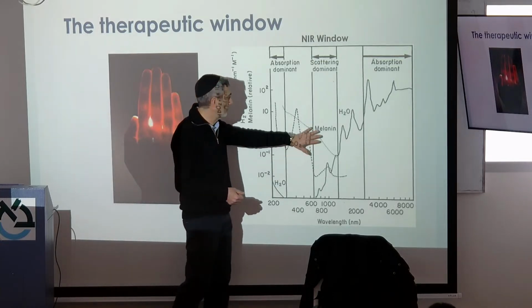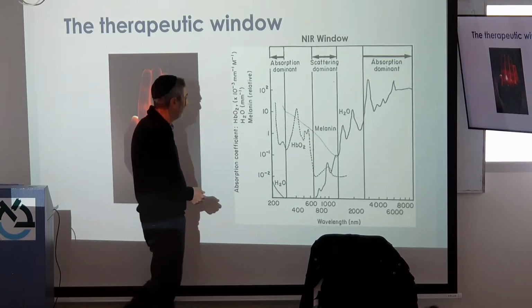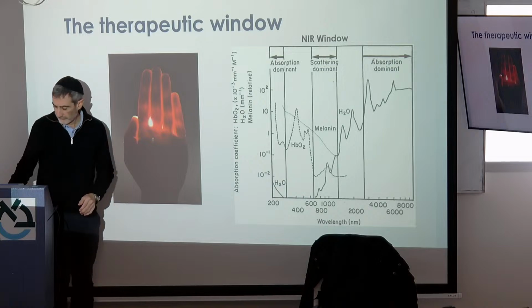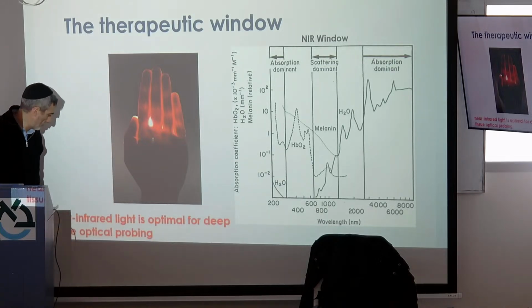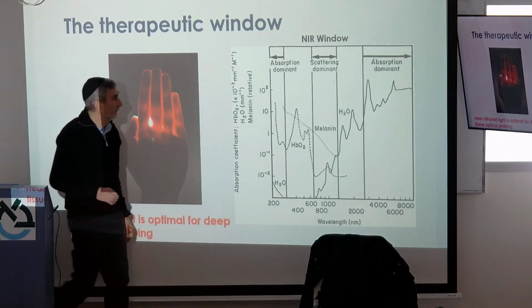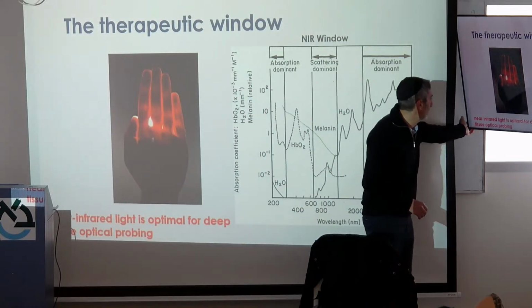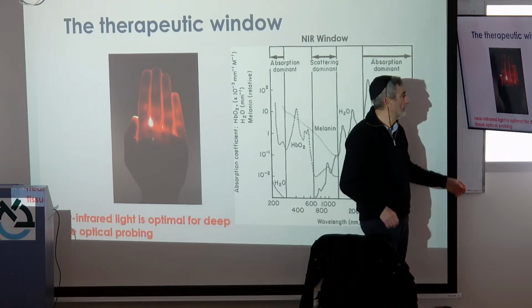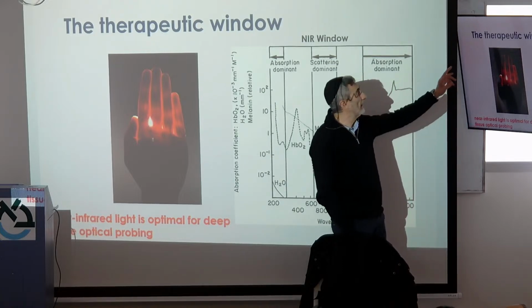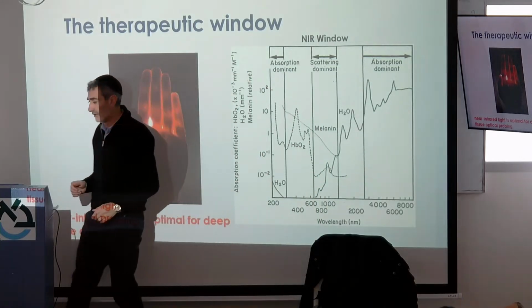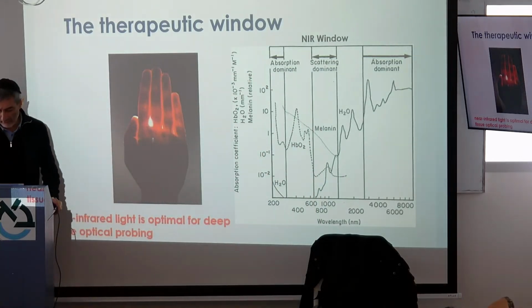We have transmission, no absorption, but mostly diffusion of light because of multiple scattering. What did I write here? Near infrared light is optimal for deep tissue optical probing. This is called the therapeutic window. That's the window where we can expect to have some imaging approach.